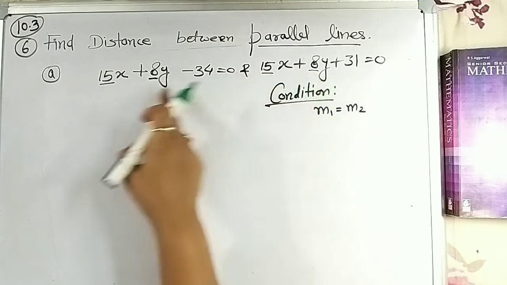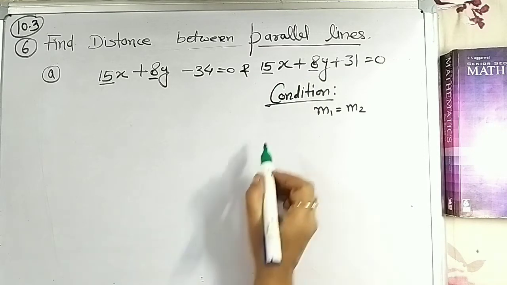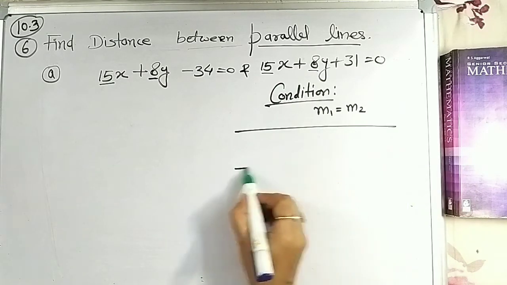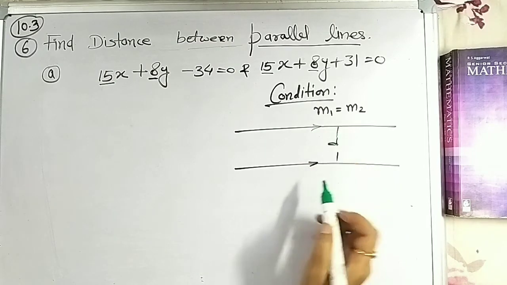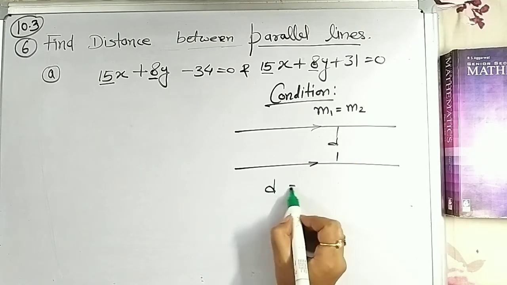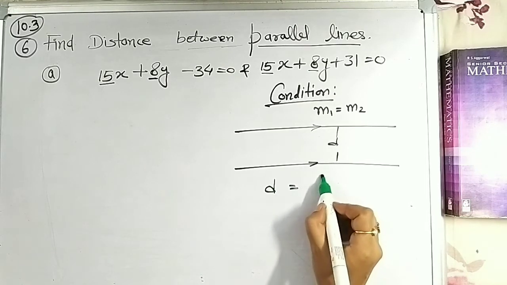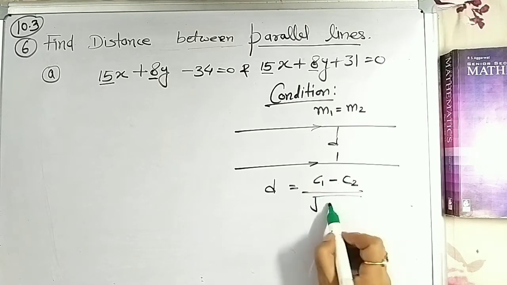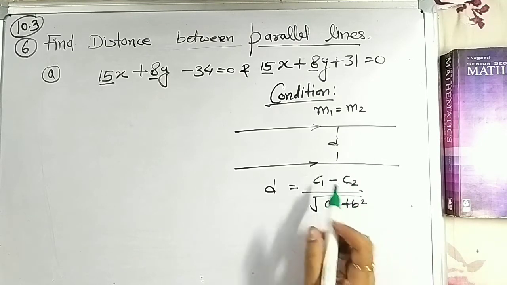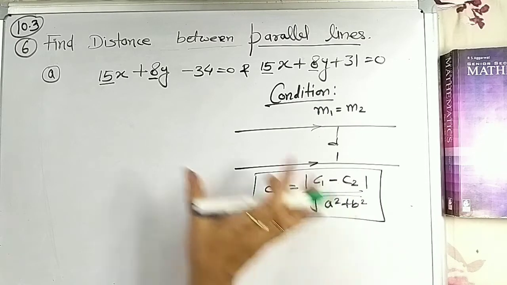So clearly these two are parallel, and I have given you one formula for distance between two parallel lines. If there are two parallel lines, the distance between them is given by mod of (c1 minus c2) by root of a square plus b square. So this is the formula. Today I am going to use it.